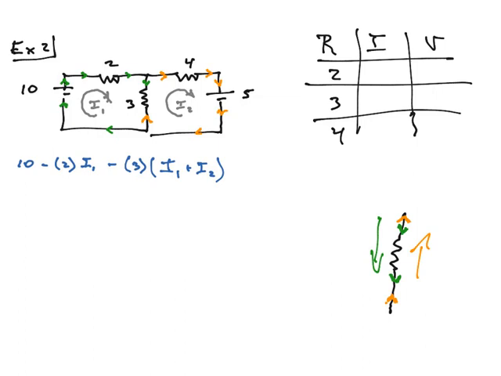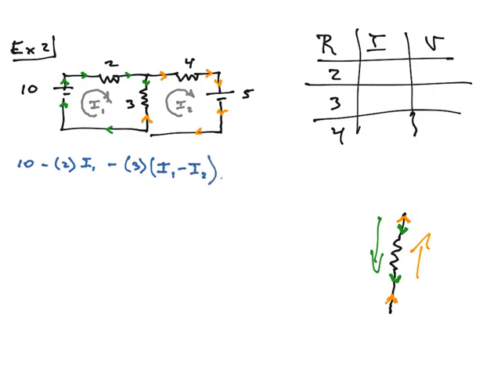You always make the one that's not the loop you're talking about negative. So, right now, I'm talking about loop 1. I'm on loop 1's equation, so he's always going to be the positive direction for this equation. So I2 will be the negative guy. So what current hits resistor 3? I1 and I2, but I2 is negative.